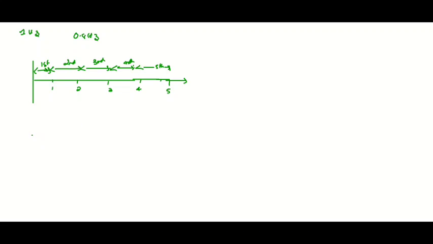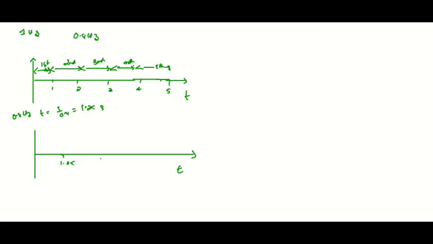And now I'll draw for 0.8 Hertz as well. For 0.8 Hertz, it is around the time axis. So for 0.8 Hertz, the time period will be 1 divided by 0.8, that is, 1.25 seconds. So I'll take the period as 1.25.